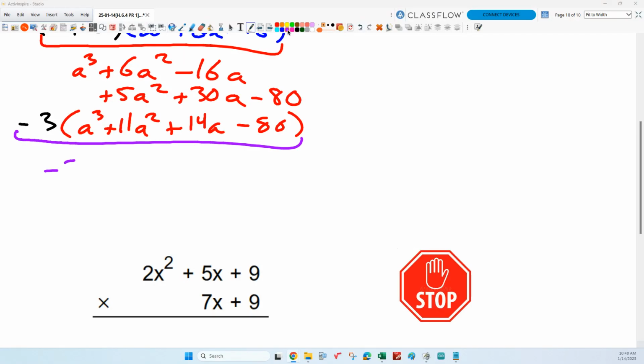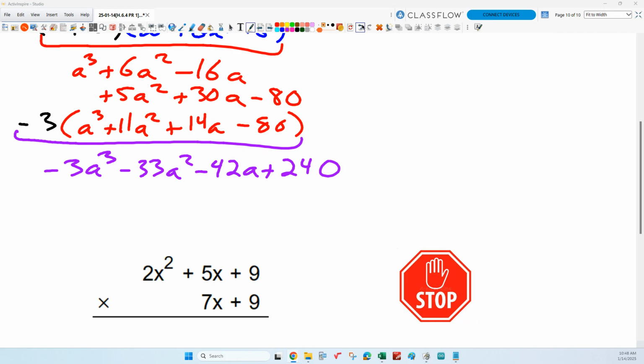And that gives us -3a cubed minus 33a squared minus 42a plus 240. Got it, right? Make sense?